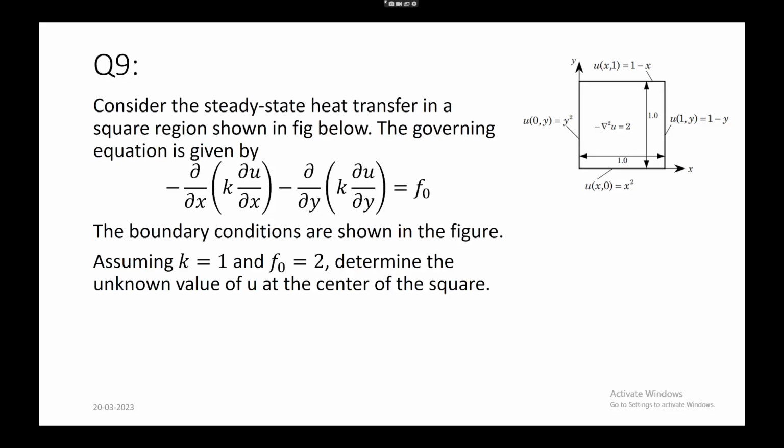Here u of x, 0 is x square. So along this, what will be the value of u? This is my 0 comma 0, this is my 1 comma 0, this is my 1 comma 1, this is 0 comma 1. It is symmetric along the line y equal to x. Yes, correct.